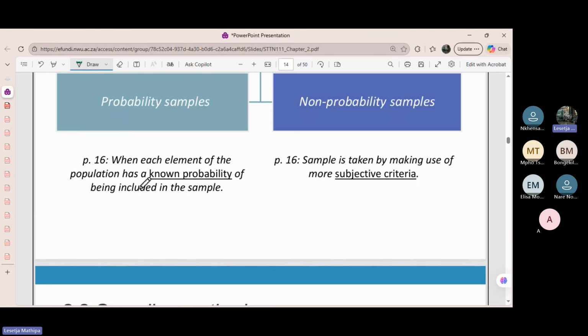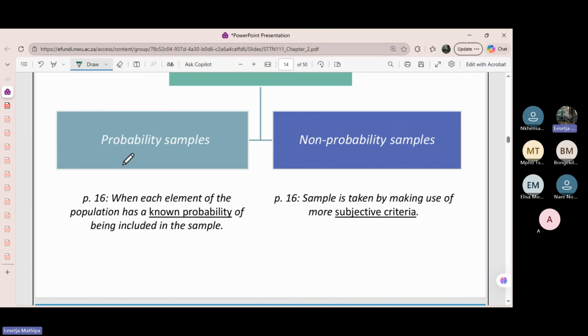Okay, let's see. So now look at this one. Remember, don't forget, two types of sampling methods: probability sampling and non-probability sampling. With probability sampling, each element of the population has what we call a known probability, and that known probability is of being included in the sample.